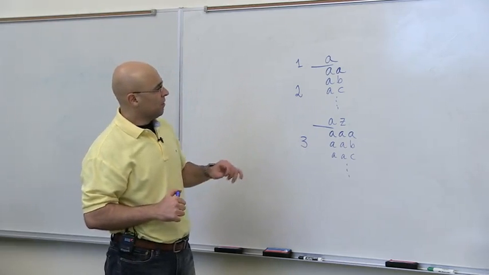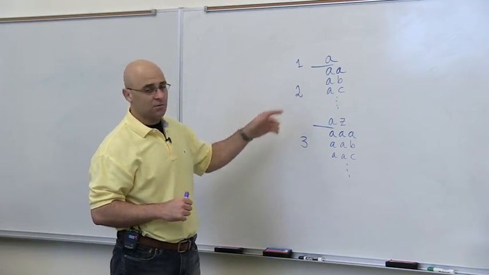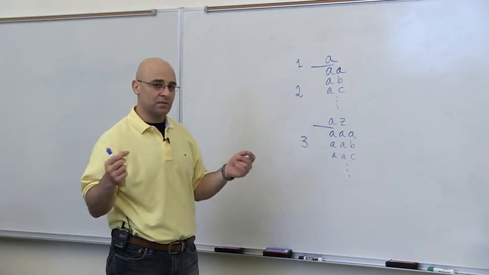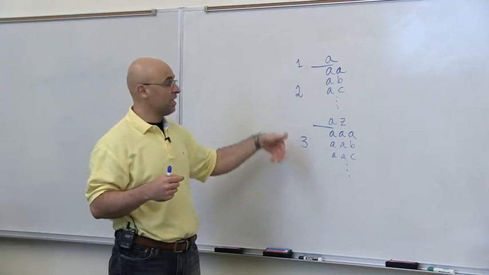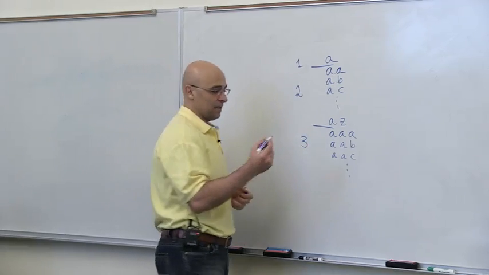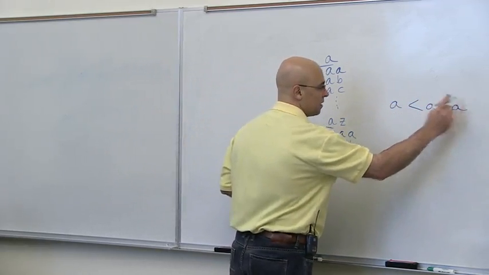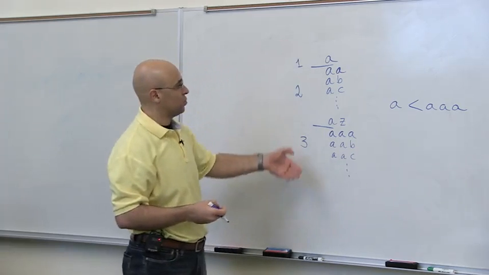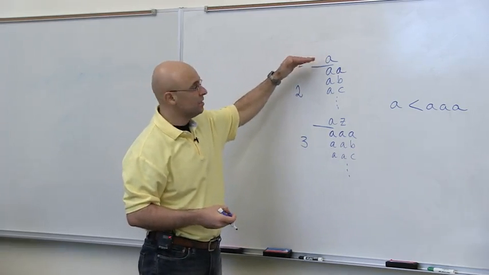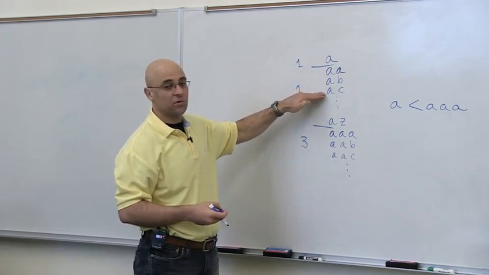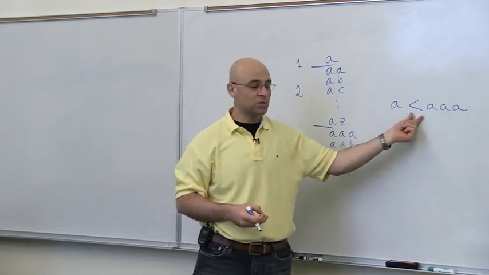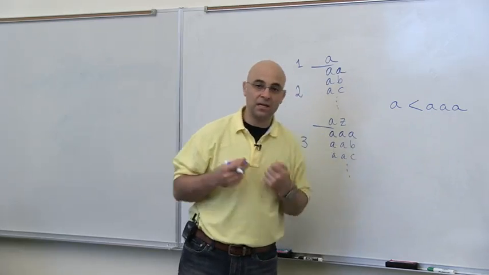Okay? Now, the reason that we can sort strings like this is because we can define this. So now I can say that A is, for example, smaller than AAA. I know this because based on this order, I'm saying that this is first, this is second, this is third, this is fourth. So I can use this notion of A is smaller than AAA.